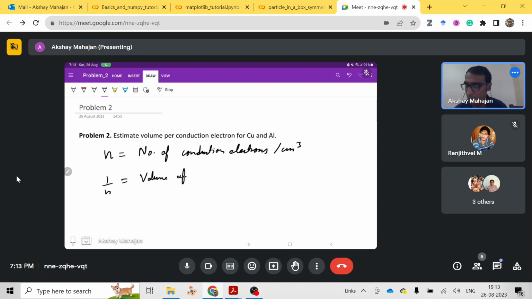It will be the volume of one conduction electron. We have the number of conduction electrons per volume, and if you just reverse it, it will be the volume of one conduction electron: volume divided by number of conduction electrons.